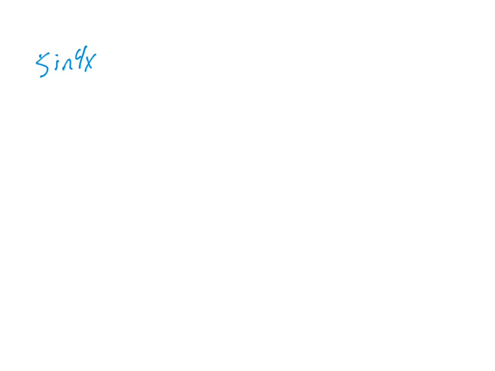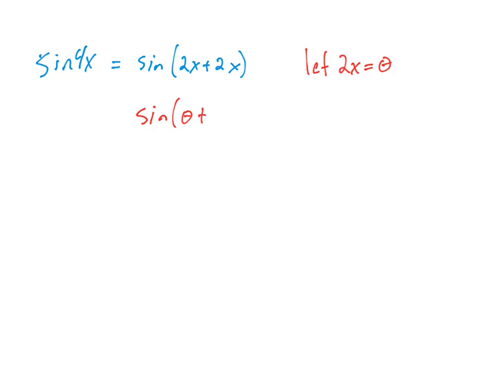A second way, instead of using the sum formula, well, I'm going to still rewrite sine of 4x as sine of 2x plus 2x. Now I'm going to make a substitution. I'm going to let 2x be equal to theta, in which case this is going to be sine of theta plus theta, which is sine of 2 theta.